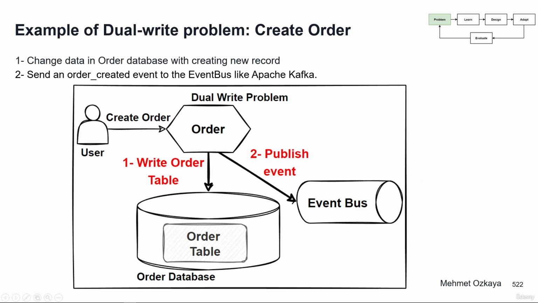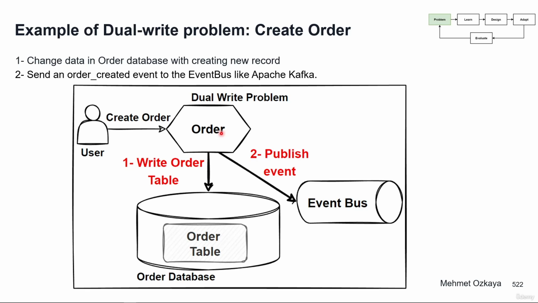So this is the dual write problem, and let me explain why there is no simple solution for it. If the order microservice writes to its database and then publishes an event to the queue for notification to other microservices, there is still a chance the application won't work reliably.